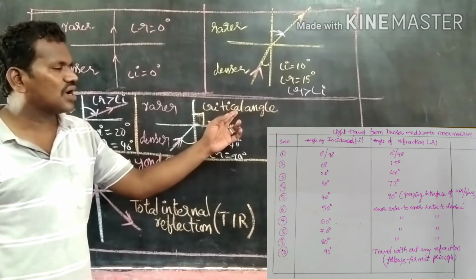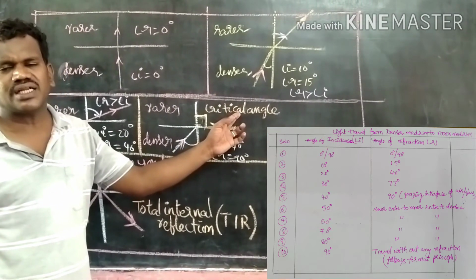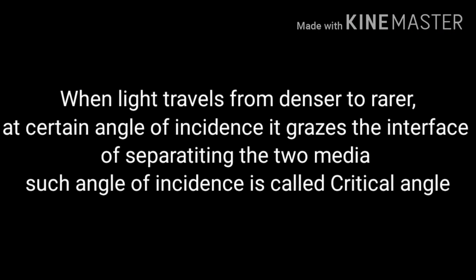Such angle of incidence is called critical angle. Once again, the definition of critical angle is the angle at which the light ray, traveling from denser to rarer, grazes the interface of both rarer and denser.